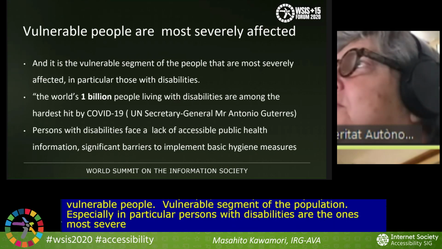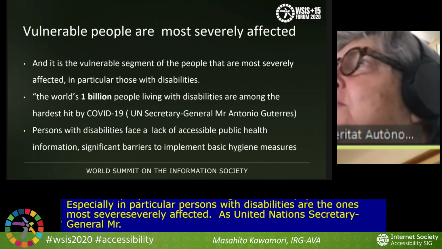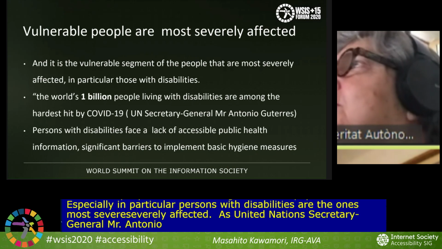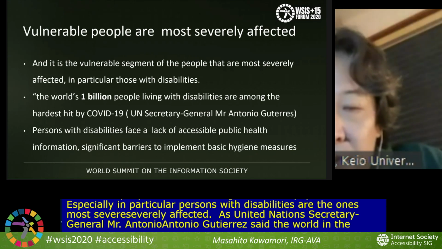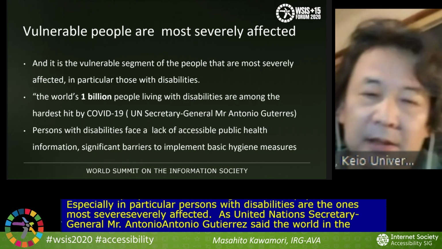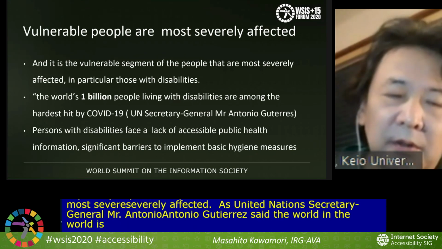As the United Nations Secretary General, Mr. Antonio Guterres, said in his statement, the world's 1 billion people living with disabilities are among the hardest hit by COVID-19. So we were surprised that there are 1 billion people with disabilities that are coping with this situation.